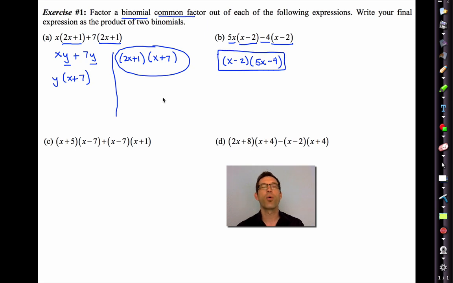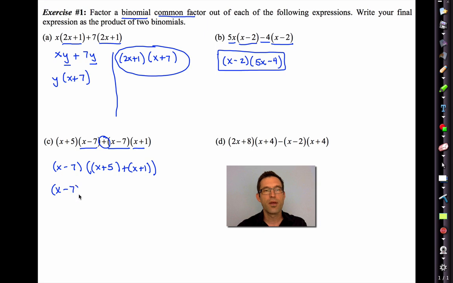Now these can become more challenging when we take a look at something like this. It's no challenge there. We've got x minus 7, but then we're multiplying it by x plus 5. I'm going to keep that in parentheses for right now. Plus, that's this guy, x plus 1. Now, in this case, the parentheses inside this larger parentheses aren't doing anything, right?